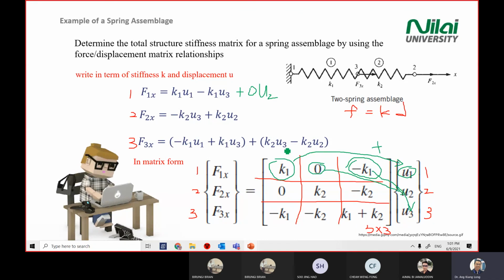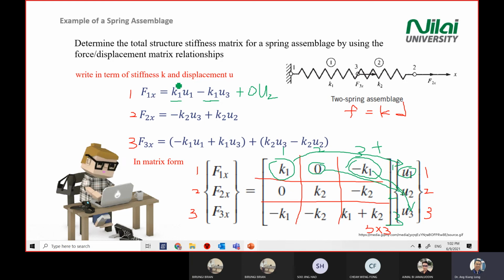Or you can just label 1, 2, 3, 1, 2, 3, just not to confuse yourself. It means row 1, and you park accordingly. So for example, this number is element 1. All the numbers in element 1, you park your K1 here accordingly.